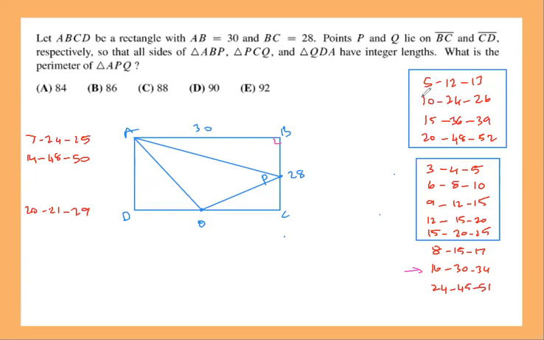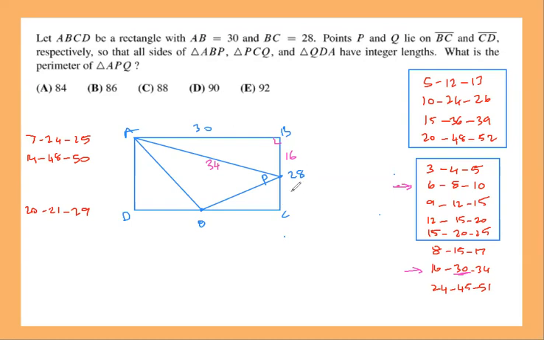Maybe if I multiply this by 3 you could get something, but then you get another 30 that would be the hypotenuse. With 30 as a leg, it looks like this is the only one: 16, 30, 34. Since there are no other ones that give us a leg of 30, we can confirm that this is the case.